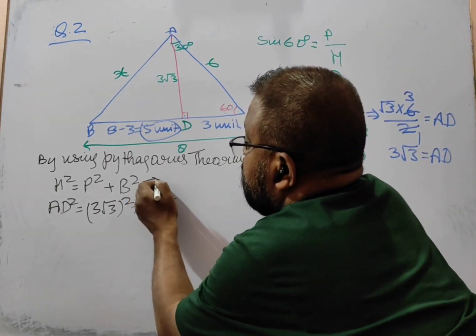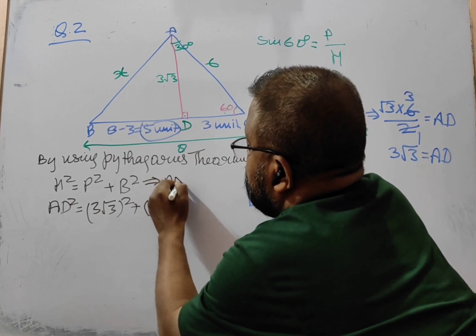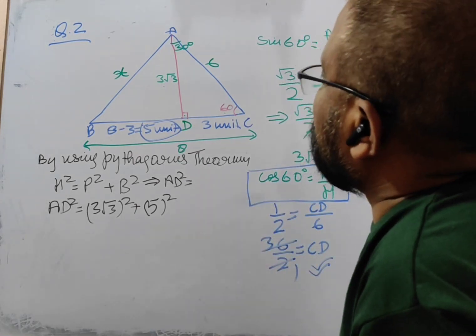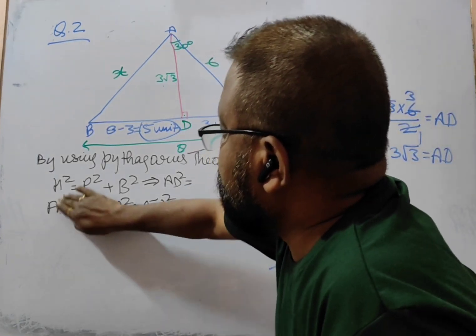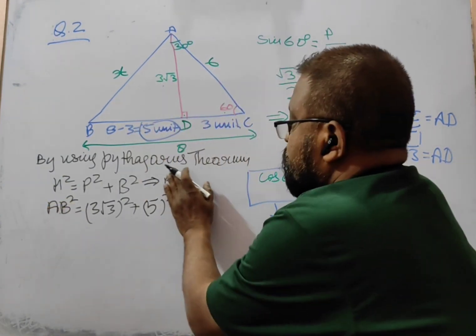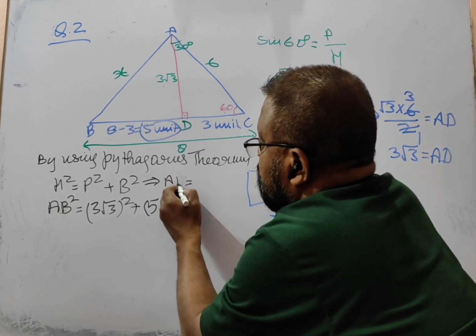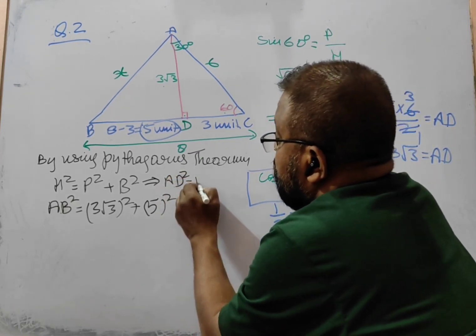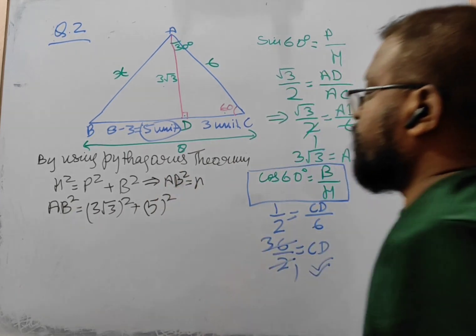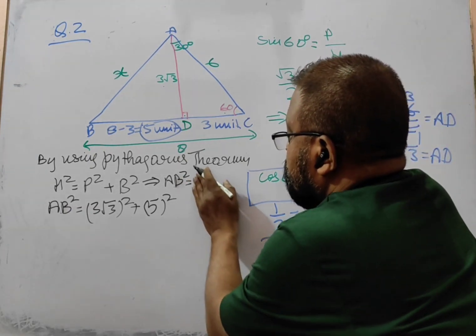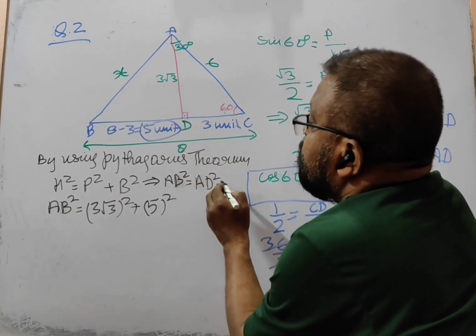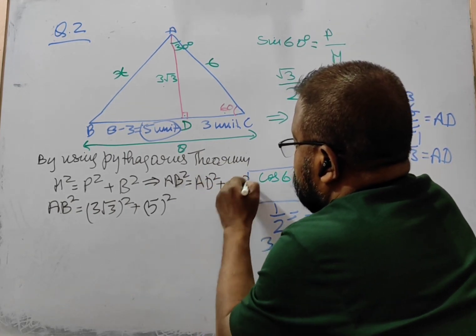We can write here AD square is equal to, oh no, no, it's what I wrote. Oh, sorry, it's not AD. It's AB square. Hypotenuse is AB square. So we write here AB square is equal to AD square plus BD square, right?